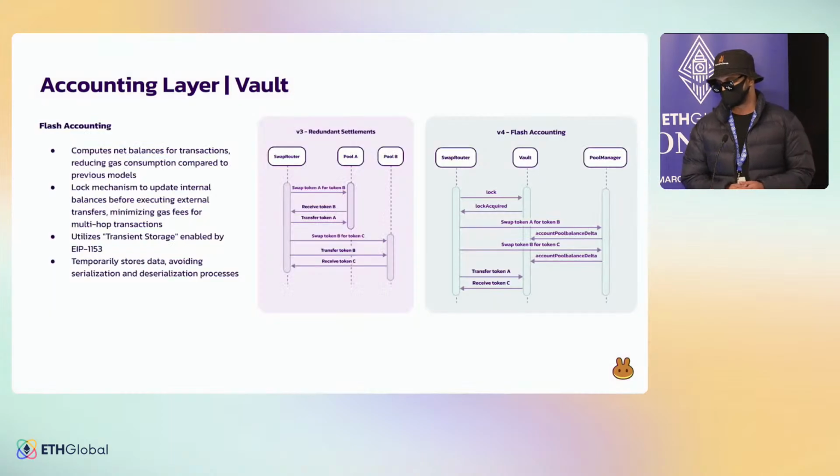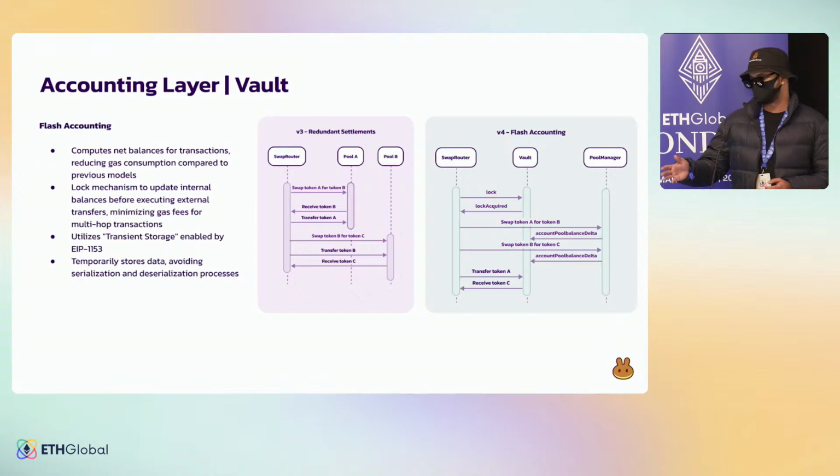Now, as we discussed, the vault also benefits from flash accounting. So in short, firstly, let's see what flash accounting means, right? In V3, the typical flow of a multi-hop swap works like this: let's say you want to swap token A for B for C, right?